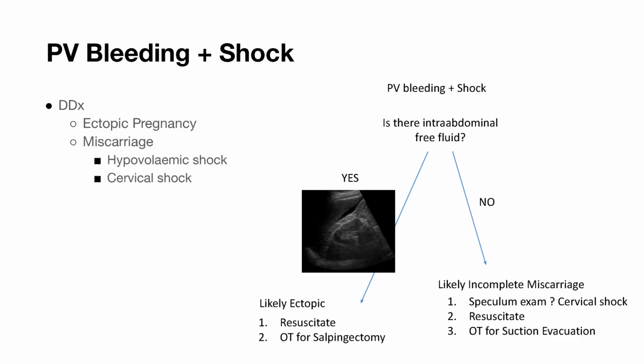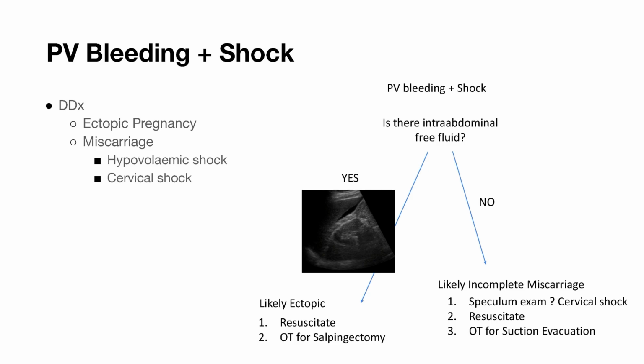Ectopic pregnancy causes instability due to hypovolemia and bleeding from a ruptured tube or ruptured extrauterine pregnancy into the peritoneal cavity, and a miscarriage can have two mechanisms. You can have profound blood loss and therefore hypovolemia, but you can also have cervical shock, whereby an incomplete miscarriage and some products of conception distend the cervical canal and cause a significant vagal response.